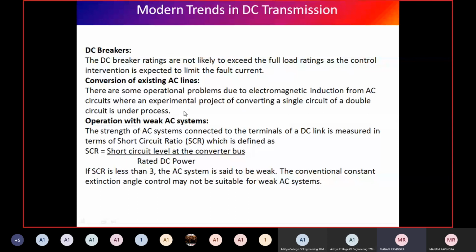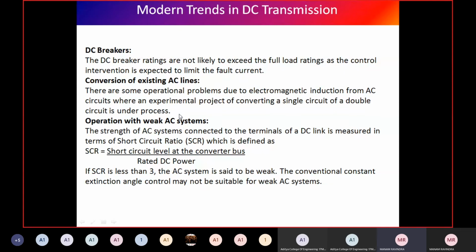In AC lines you are using three transmission lines, three conductors, and research is being carried out on converting a single line to a DC line. Three lines are already designed and constructed, and we are already transmitting power.